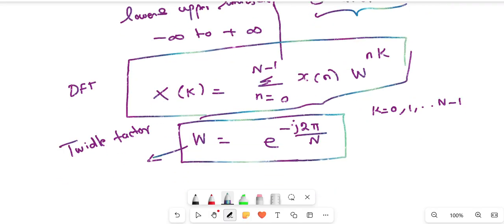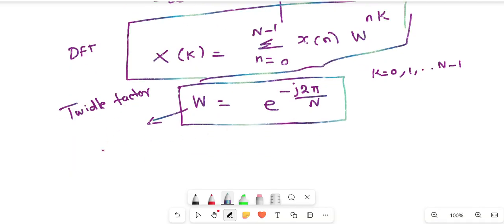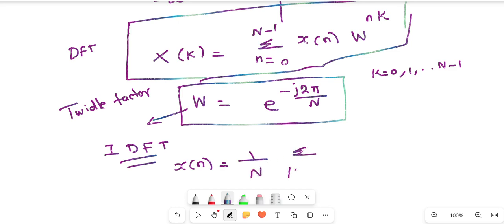Once you know the DFT equation, I will also write the IDFT equation. IDFT: x of n is equal to 1 by N, the summation of k equal to 0 to N minus 1 of X of k W power minus kn.